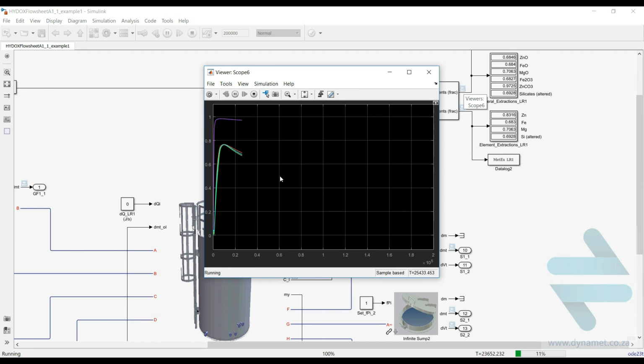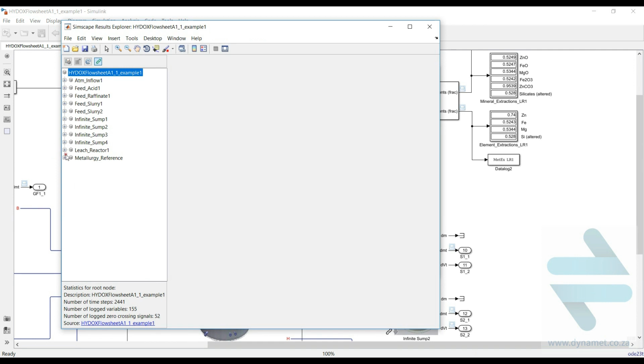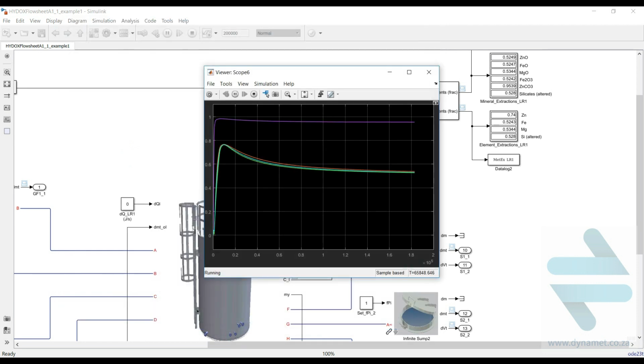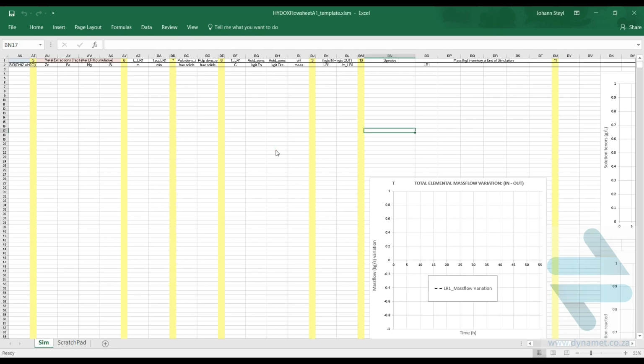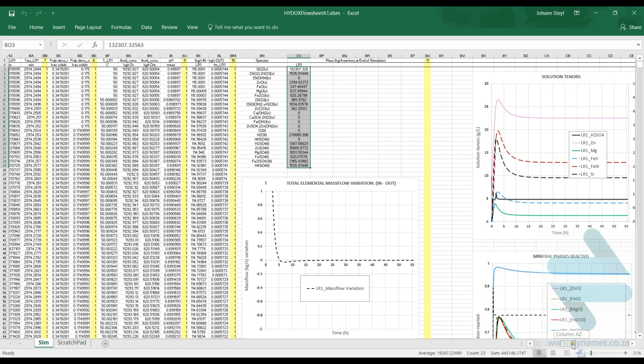Now, as shown before, the results explorer can be used to access all the variables at any point in a circuit. However, when working in a team where not everyone may all the time have access to our SimScape models, we may want to set up a standardized Excel template where the important outputs are written to. So the user can quickly look at all the results at once and email it to the other team members.